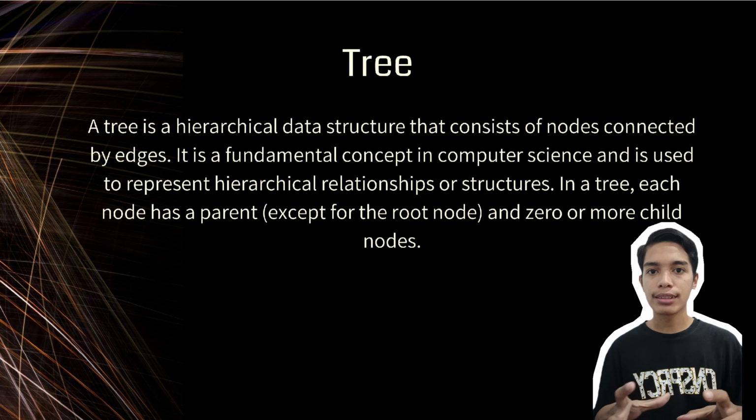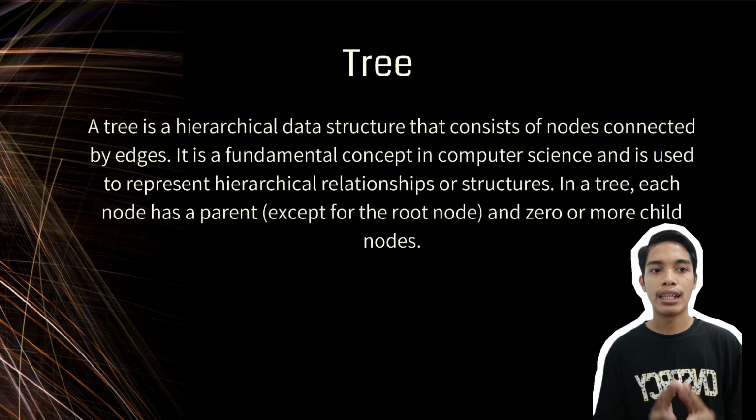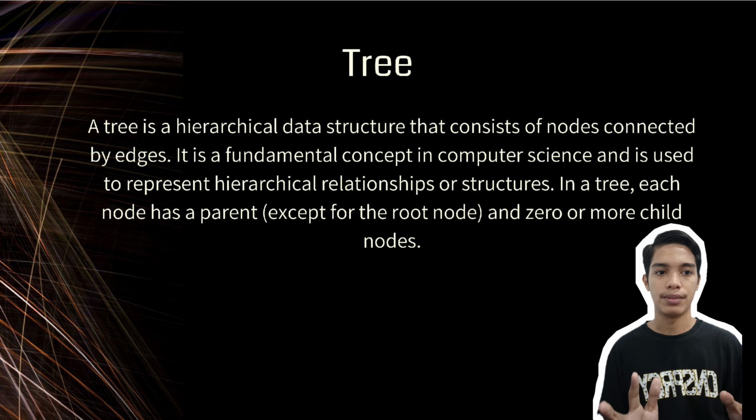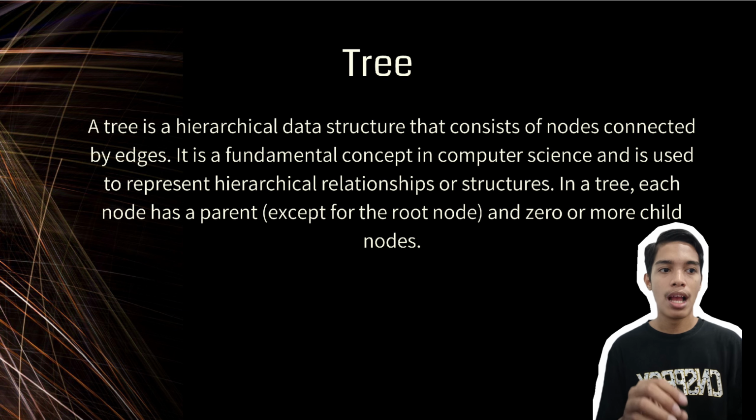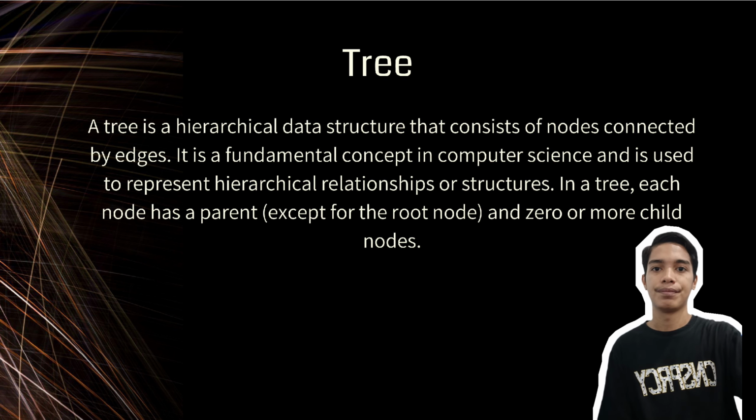We make a root node with zero or more child nodes. That's how we can create a tree data structure from zero or more children. This is the point we can know about the tree.